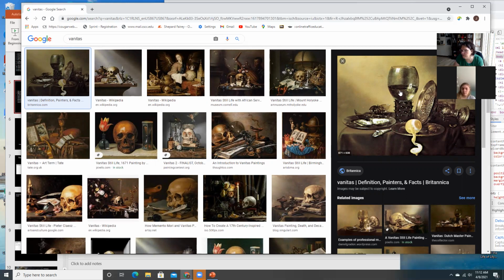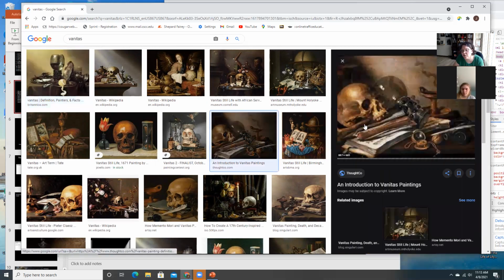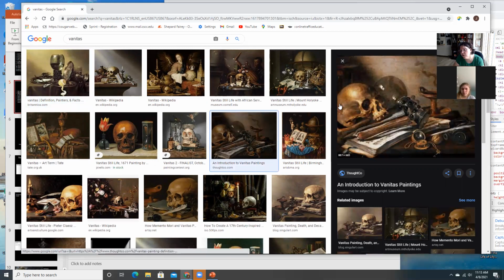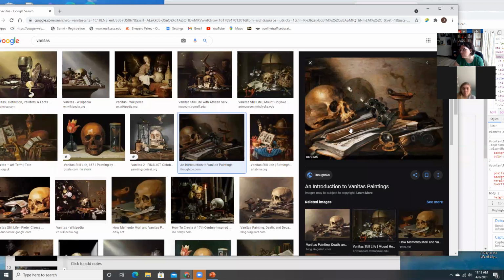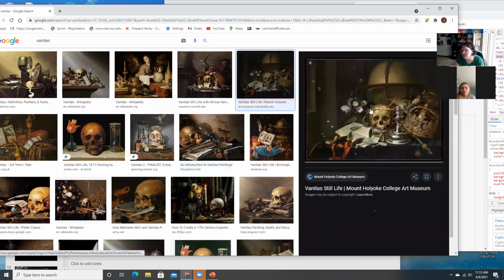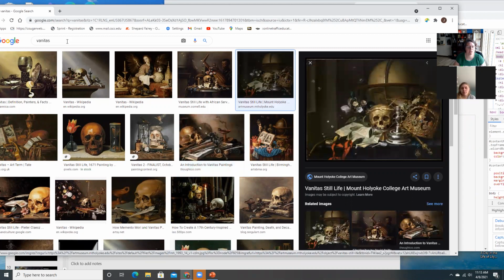Like the goblet, maybe they picked it up in Venice. The oyster, not everybody can afford oysters. It's open, so that means eventually it will rot. Here you've got this skull that is going to remind the viewer of their own mortality. The incense is getting ready to burn out. So the Vanitas is one of those Dutch masteries.